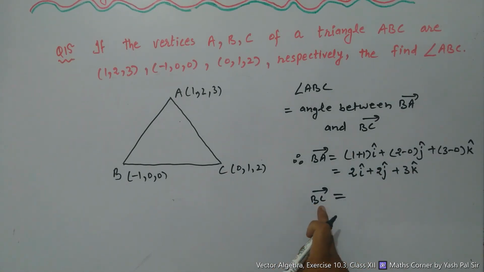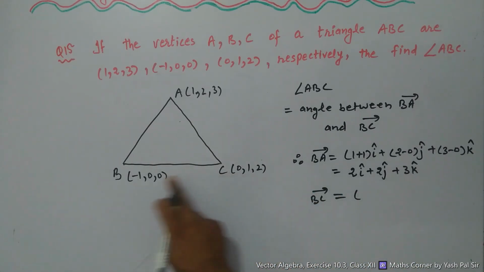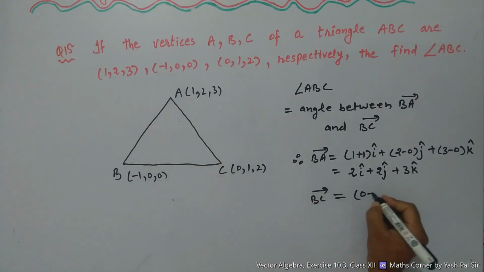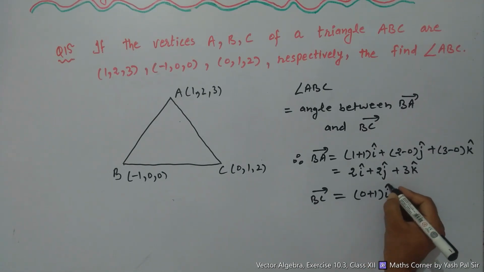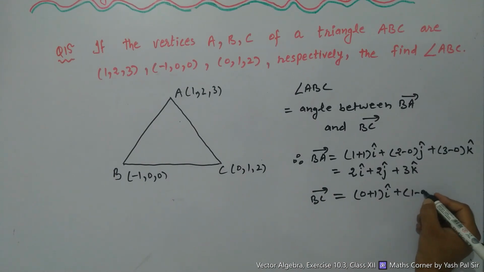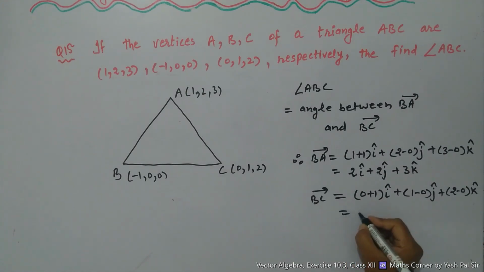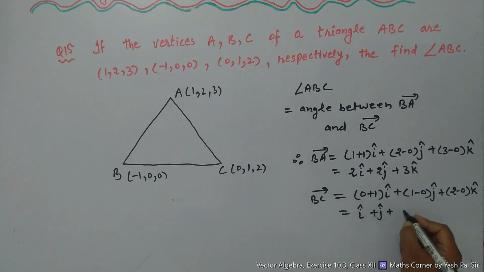BC means C minus B. So (0 minus minus 1) is 0 plus 1 i, plus (1 minus 0) j, plus (2 minus 0) k. So this becomes i plus j plus 2k.